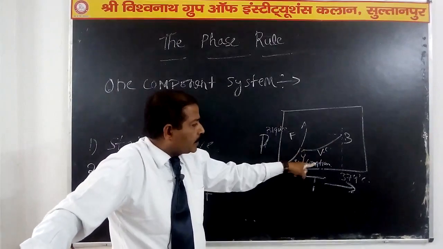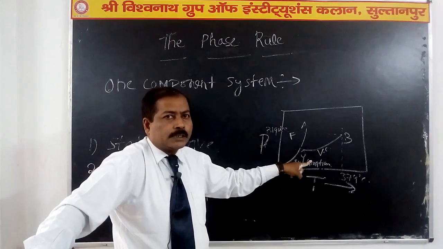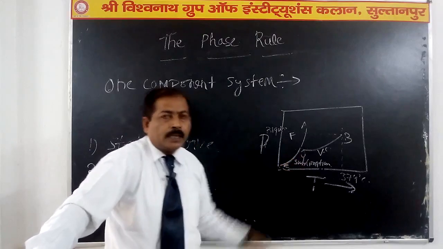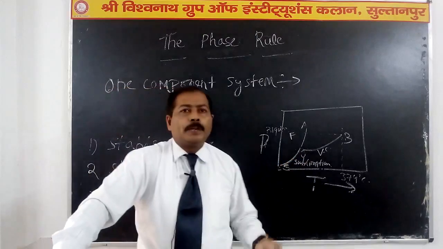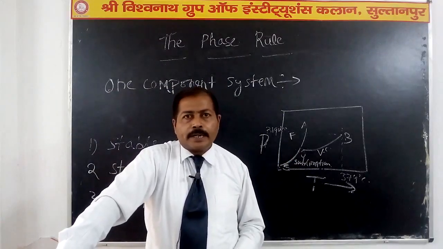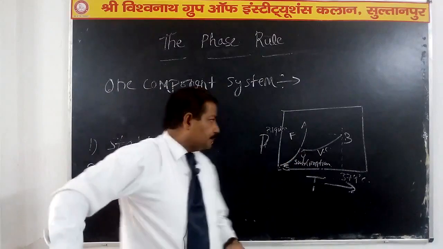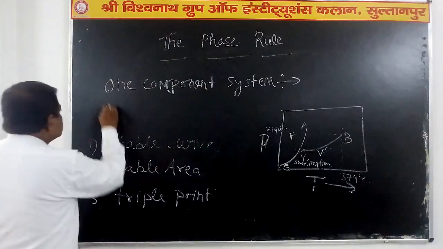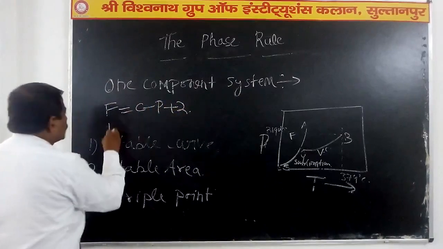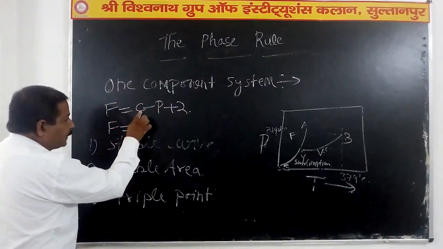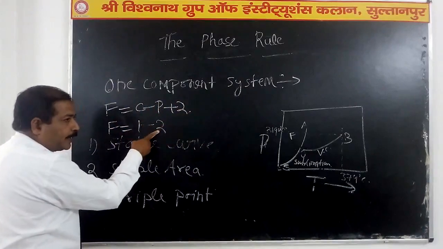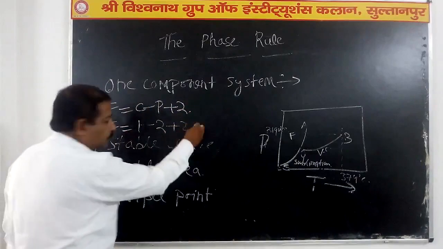In the sublimation curve, the two phases are solid and vapor, or the solid and vapor are in equilibrium. With the help of the Gibbs phase rule equation, we can calculate the degree of freedom. That is F equal to C minus P plus 2, where the component is 1 and the total number of phases is 2, the solid and the vapor, plus 2.